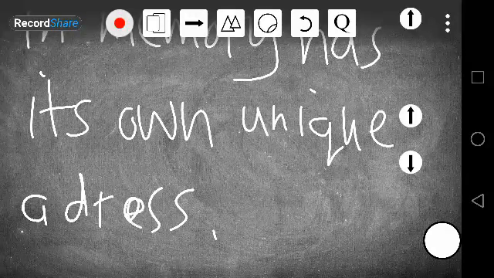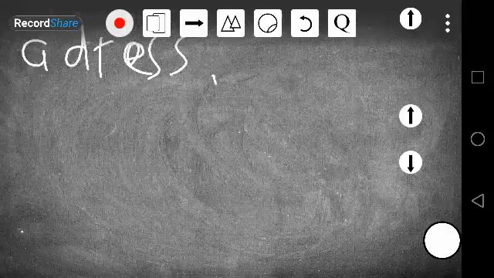So, memory addressing modes, let me define that.